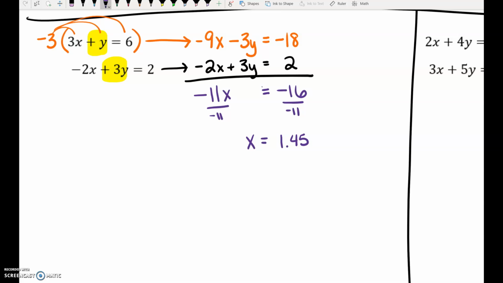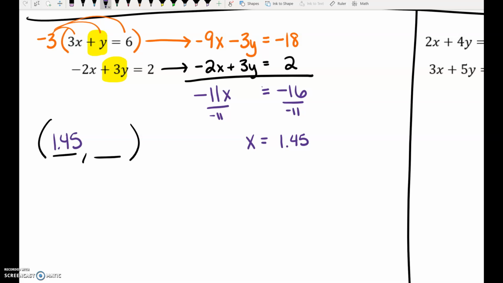You can just write 1.45, or you can write 1.455. I would just round it to a place or two after the decimal. So the x value of our solution is the decimal 1.45.